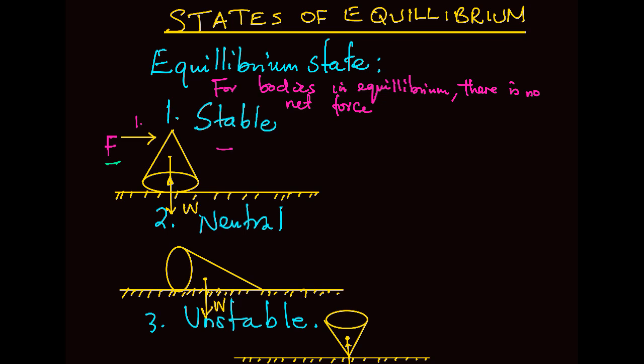So it is observed that when the force F is applied slightly and then withdrawn, the cone is tilted through a small angle, but when the force is withdrawn, the cone falls back to its initial position.